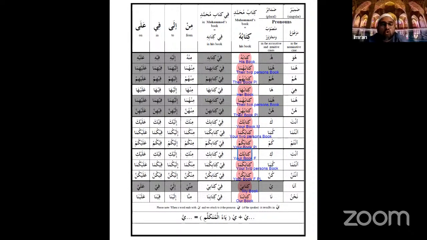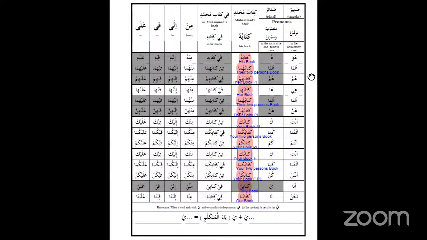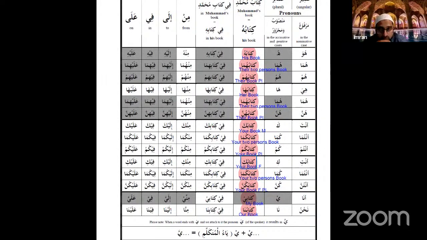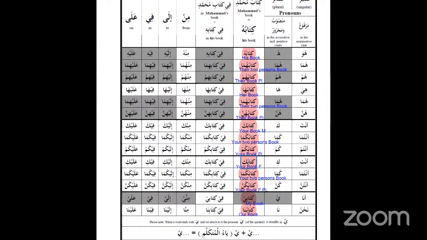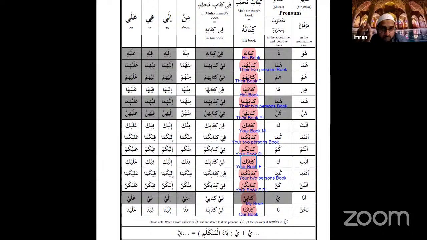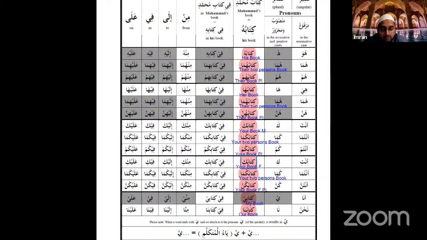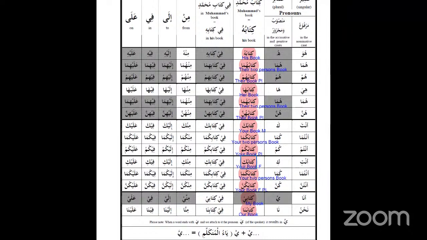Kitabuhu, his book. Kitabuhuma, their two-person book. Kitabuhum, their book, plural. Kitabuha, her book. Kitabuhuma, their two-person book. Kitabuhunna, their book, plural. Kitabuka, your book, male.